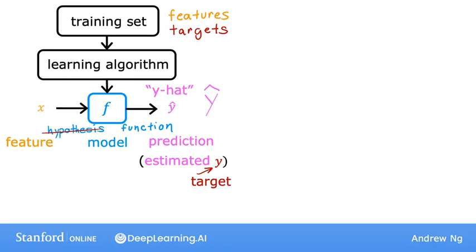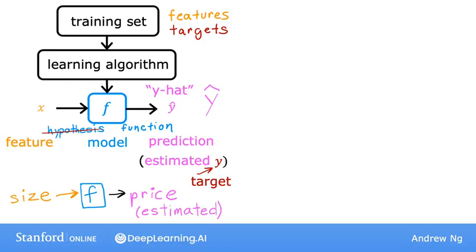In contrast, y hat is an estimate. It may or may not be the actual true value. Well, if you're helping your client to sell their house, the true price of the house is unknown until they sell it. So your model f, given the size, outputs a price which is the estimated, that is the prediction, of what the true price will be.